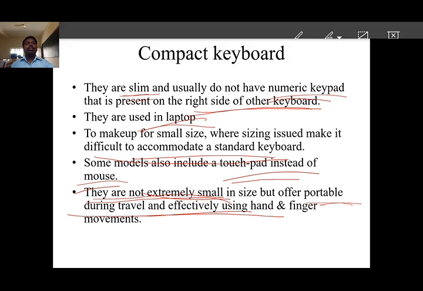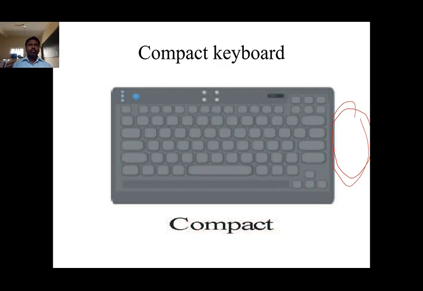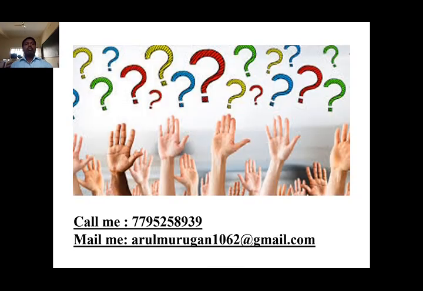Understand? So what is a compact keypad? They are very slim and usually do not have the numeric keypad which is present on the right side. You can see this is the compact keyboard. Generally it is used in the laptop.